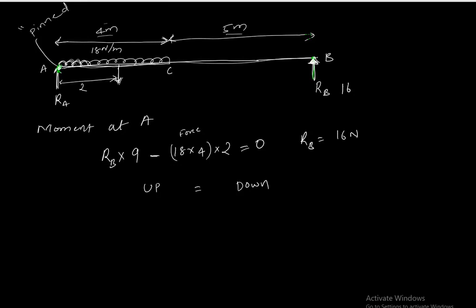What is up? RA is up plus RB is up, right? There's nothing else. Down, it is only this 72. How did we get 72? 18 newtons per meter times 4 meters is 72. So RA plus 16 equals 72. So RA is equal to 56 newtons.